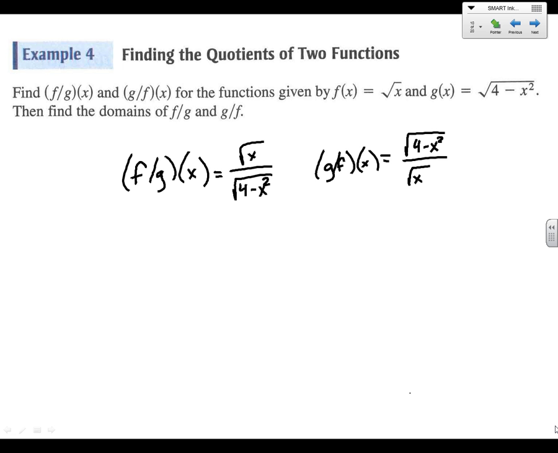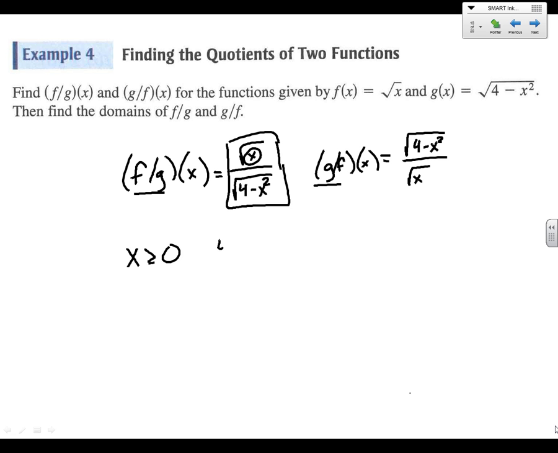So on this one, if we're looking at this problem, we know a couple things. X has got to be greater than or equal to 0 because we cannot have 0 under square root. And that's going to be true in both cases, both f over g and g over f.